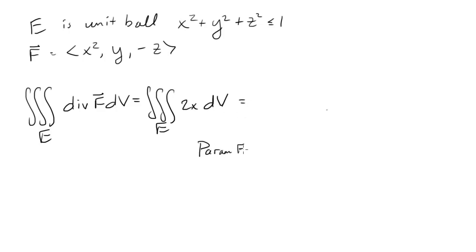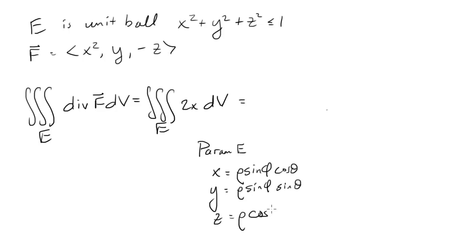Parameterize. Spherical is the natural choice. 3 parameters because it's a solid. Domain, rho less than 1. dV, rho squared sine phi, d rho d phi d theta.